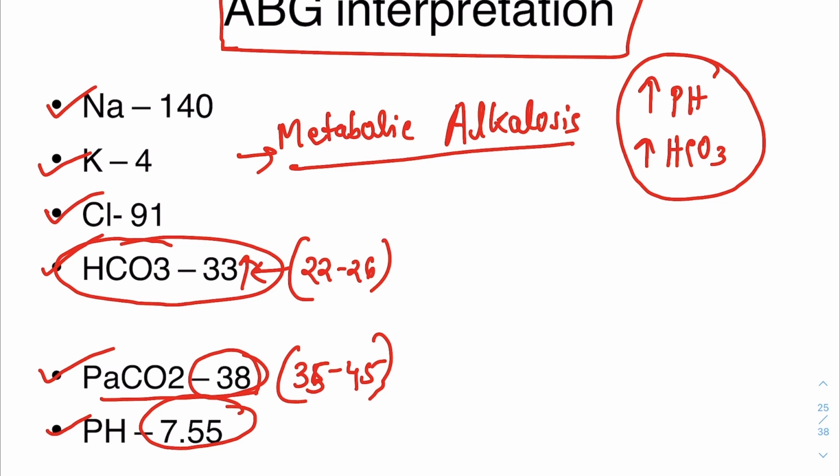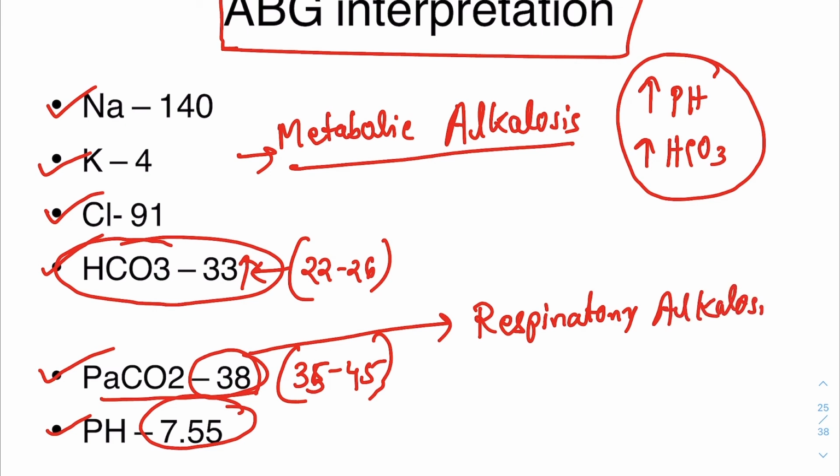Since PCO2 has not increased, it was supposed to increase as a compensatory mechanism, but it has not. That means there is a component of respiratory alkalosis as well. So this ABG is a combination of metabolic alkalosis as well as respiratory alkalosis.